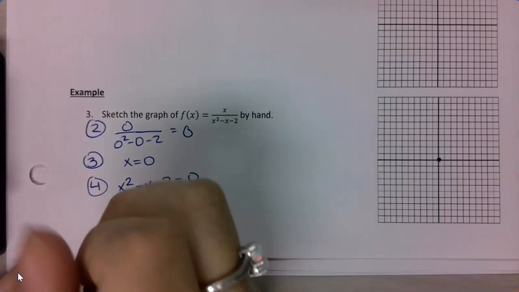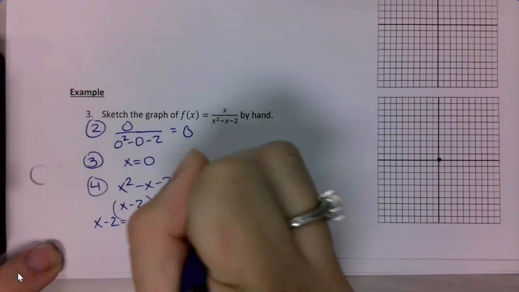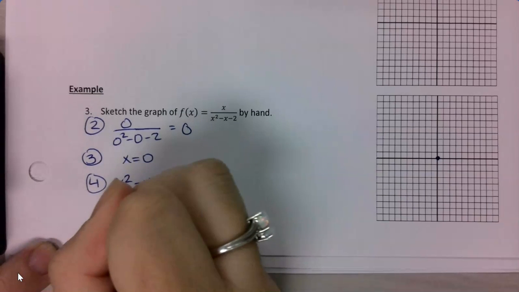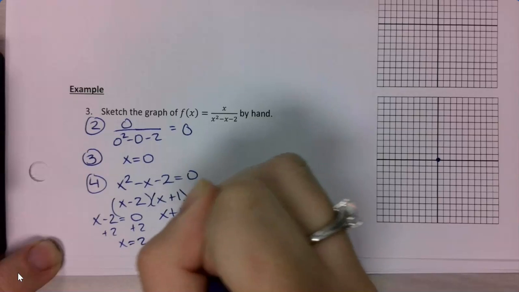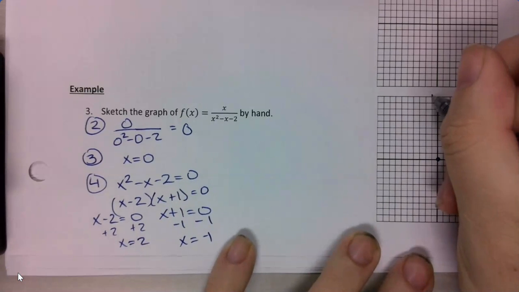Then I want to take each of those and set those equal to 0. Which my first one gets me x equals 2. And my second one gets me x equals -1. So I want to do vertical asymptotes at those 2 points.